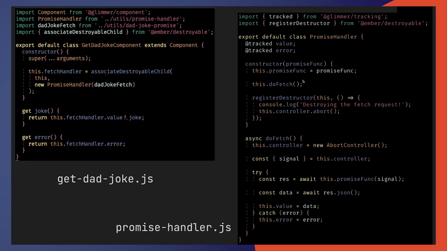And I'm doing that in the constructor. So basically, whenever this thing were to be torn down, this would run and it would abort anything that's in flight. There is an additional thing you have to do over in the class, though. You have to associate a destroyable child, which my understanding is if this component gets torn down, tear this child down as well, or run any destructor functions that have been registered.